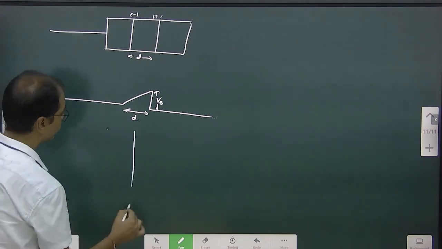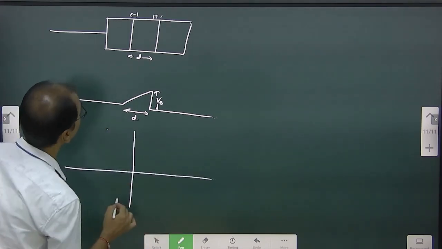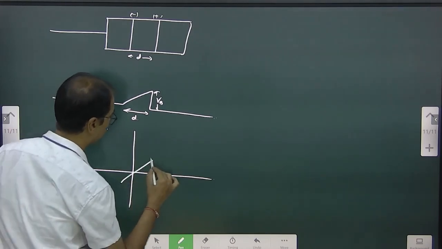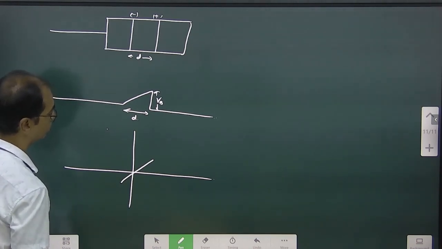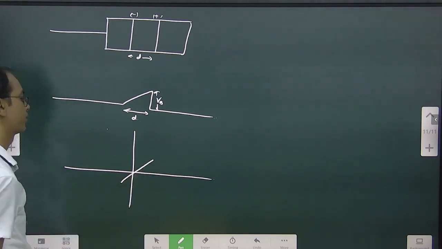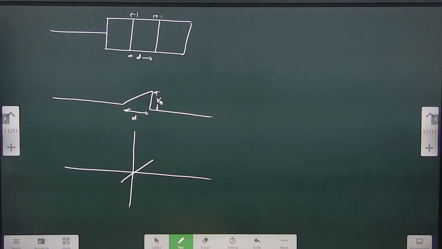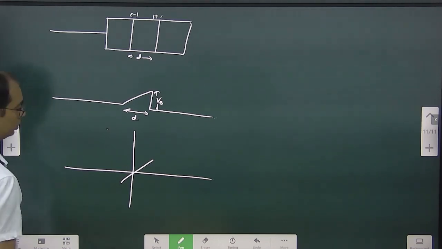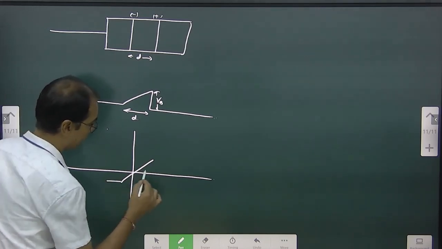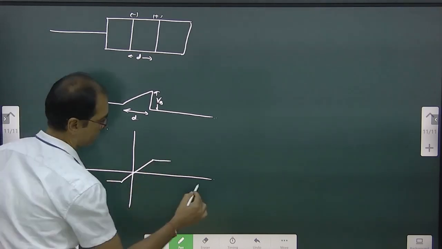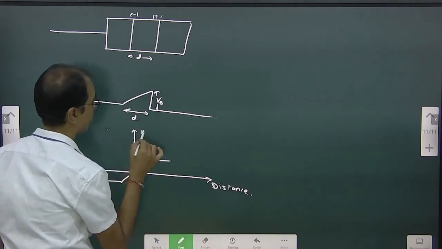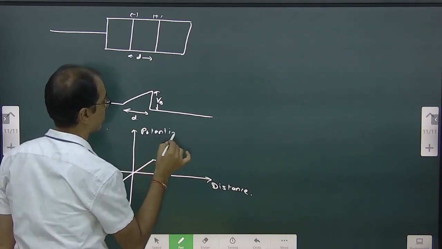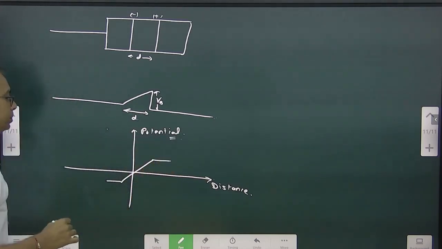Or you can make a graph also. When you are showing the graph, take it from negative only, like this. Okay. Like this. Okay.